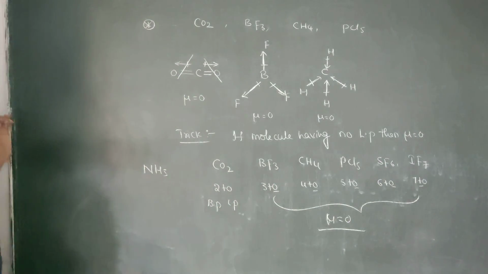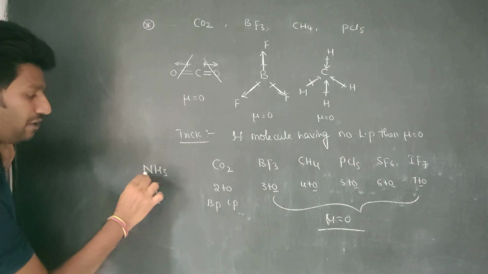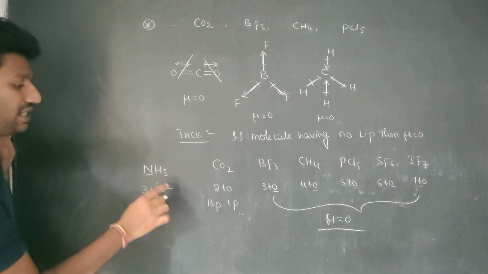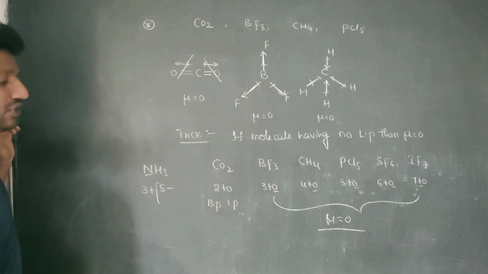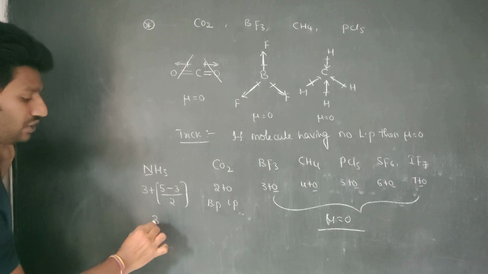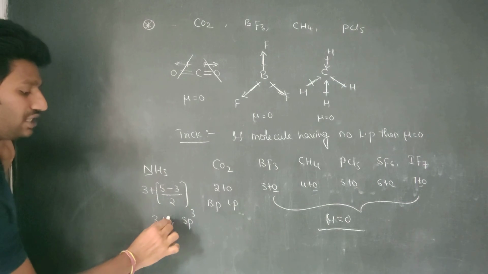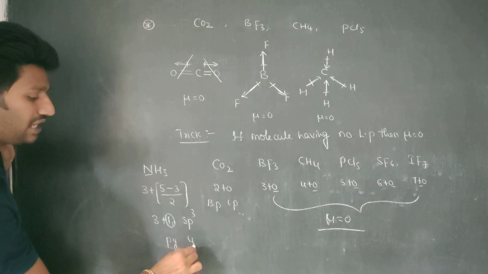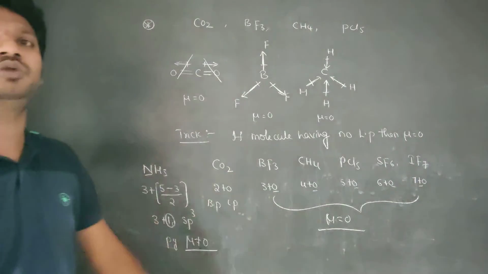According to our hybridization formula, number of surrounded atoms plus group number of the central atom (the central atom is always only one), which is 5, minus valence of the surrounded atom by 2. Valence of hydrogen is 1, there are 3 hydrogen atoms, by 2. That equals 3 plus 1, so hybridization is 4. The 4 is nothing but sp3. Shape is pyramidal with one lone pair, so the dipole moment is not equal to 0. So it has some permanent dipole moment.